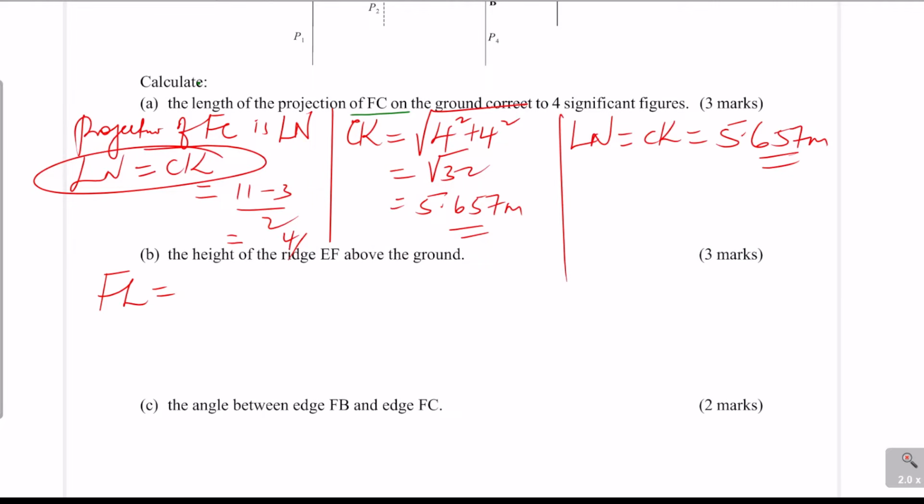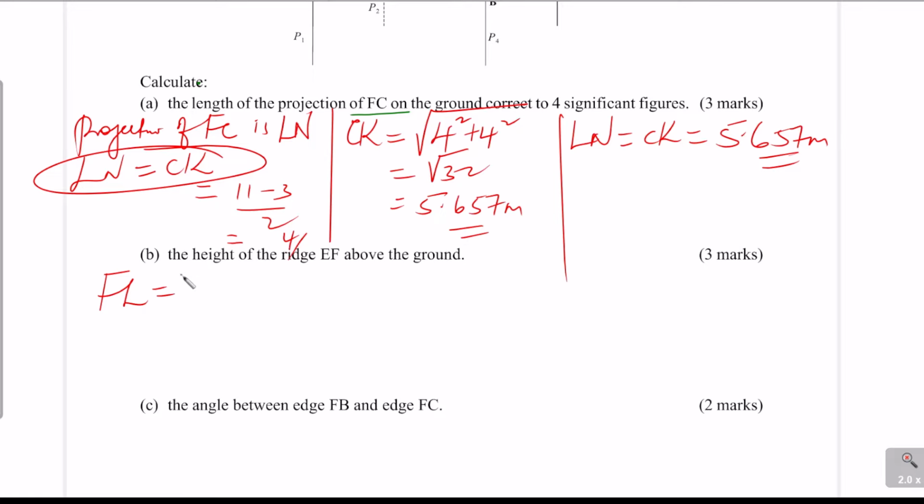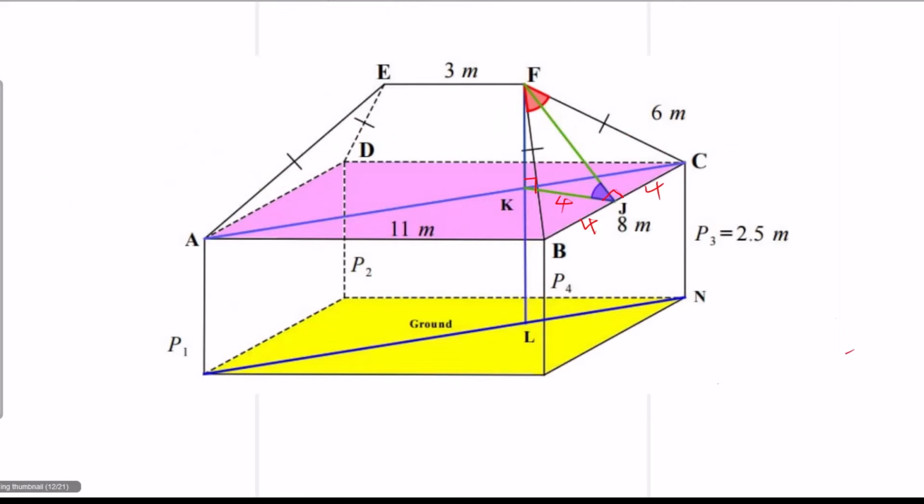And how do we get FL? FL will be obtained by getting LK plus KF. There's something that we know here.